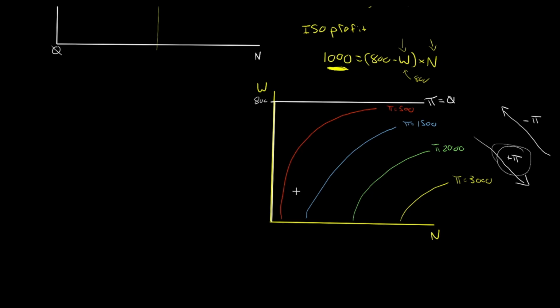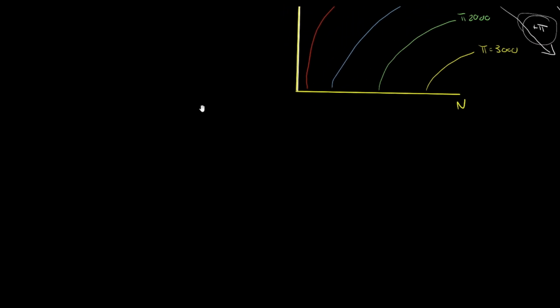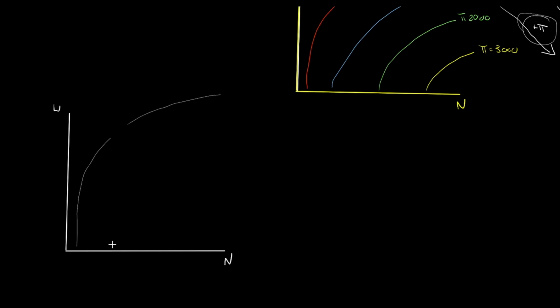So if we were to bring these both together, let's again just redraw this. I'll scroll down a little bit. We have our wage rate, we have our number of workers. Let's say we have some isoprofit curves like this.